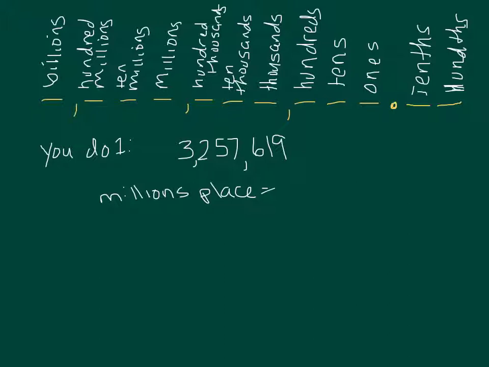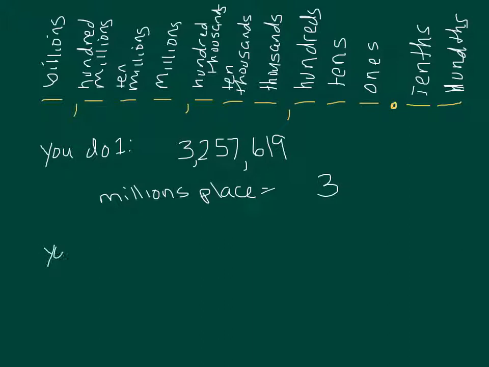Push play when you have it. Okay, so which one is in the millions place? I'm going to look up here to find the millions place. There it is. So I had one set, the thousands set, and then that's the millions place right there. So the answer would be 3, and you would just put 3.